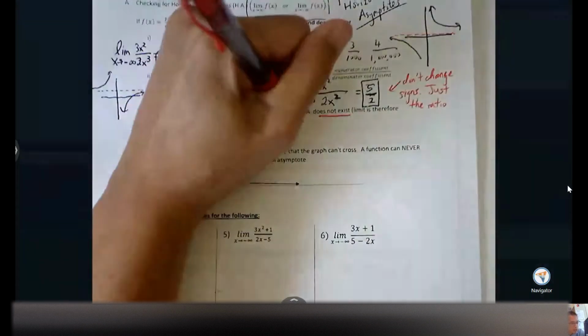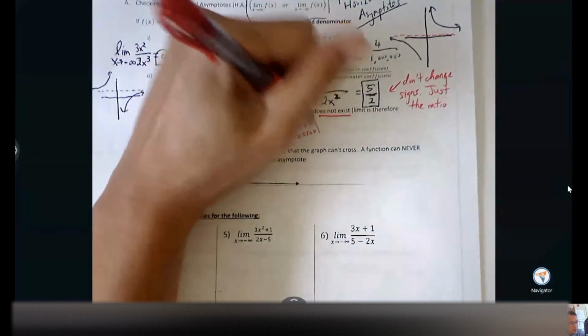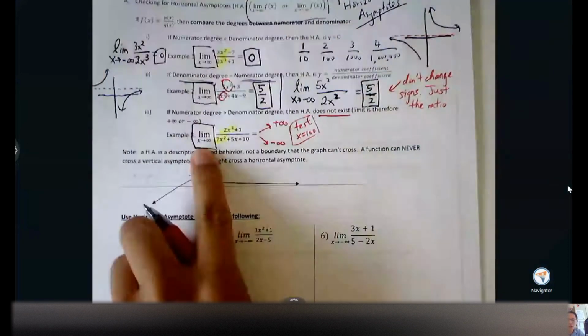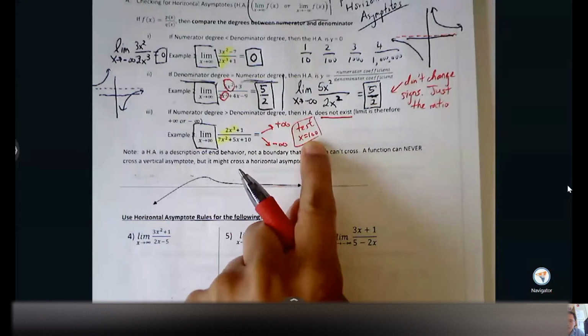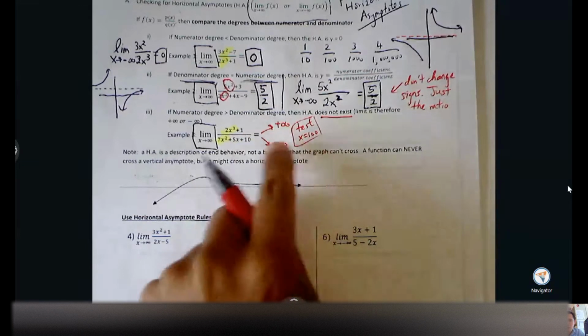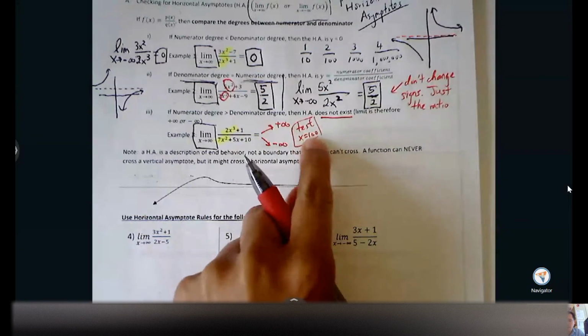So I'm going to test 100 because that is in the direction that I'm headed towards. It's kind of an arbitrary number. I guess you could test 10, but I think 100 is a safe large number that's going to give us a safe read of our graph.